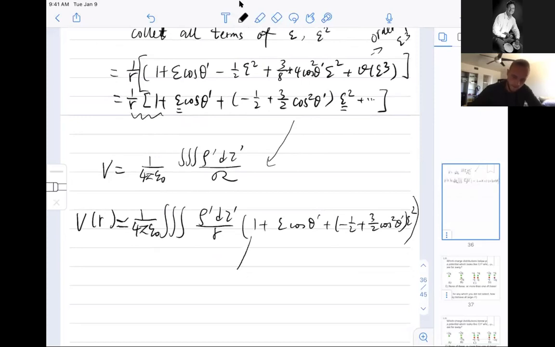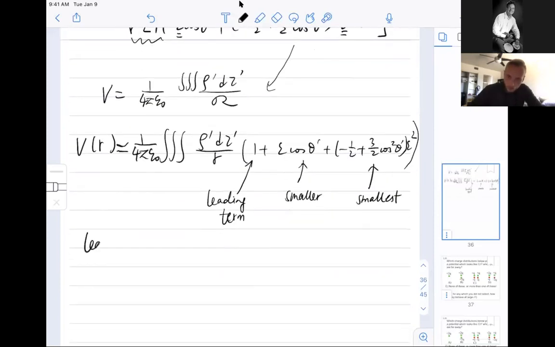So you can see that this will be the largest leading term. This is smaller. This is smallest out of the first 3 terms. So let's look at them one by one.